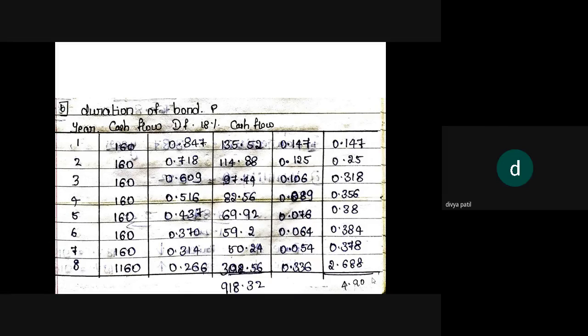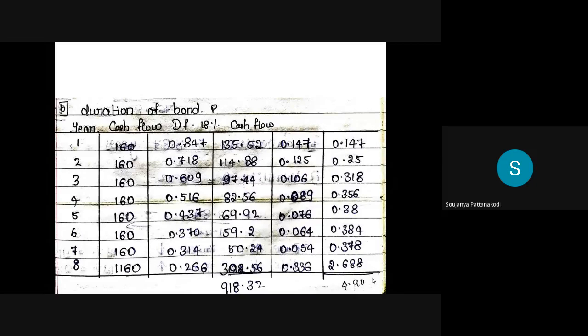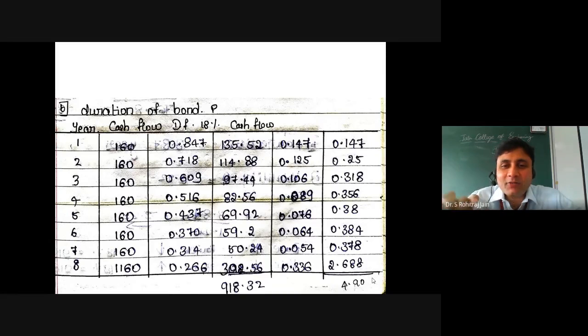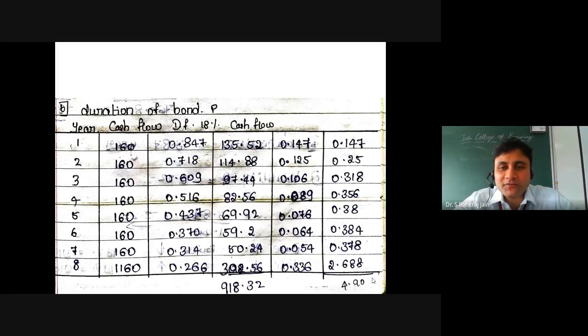Sir, fourth column divided by the price of the bond equals the fifth column. Justification here: how do I get 0.147? Tell me the value. Sir, I need to divide 135.52 by 918.6, we get 0.147. Perfect. Thank you so much, both of you.